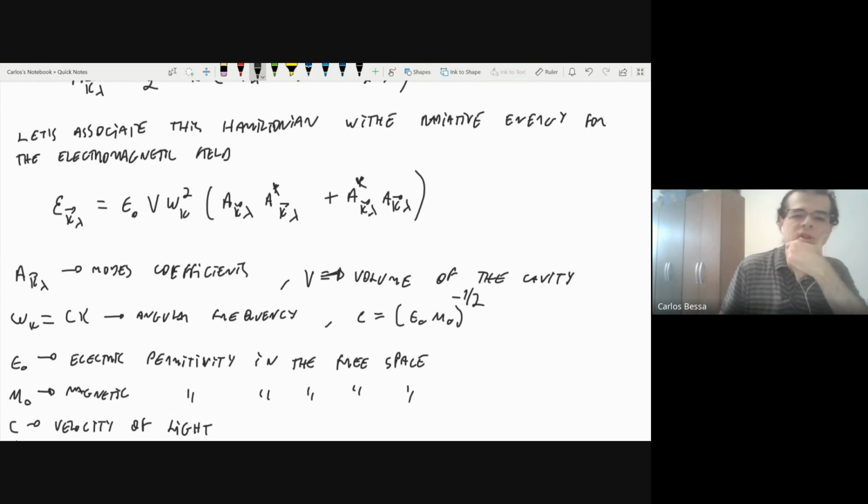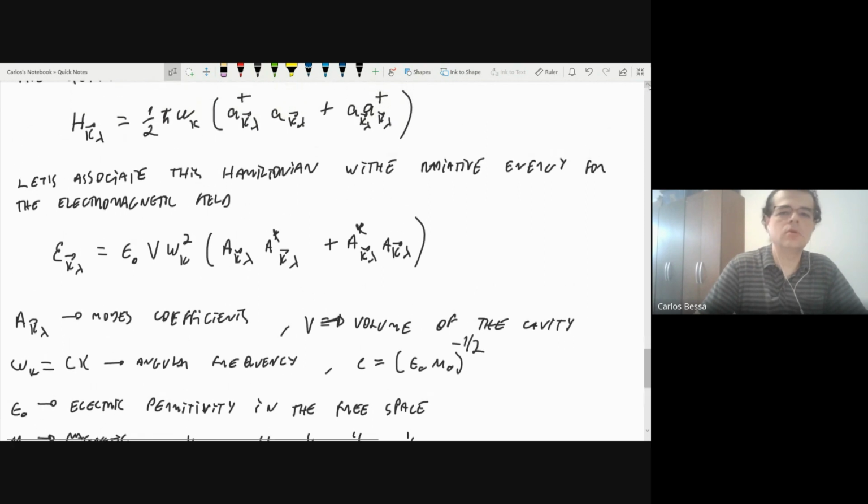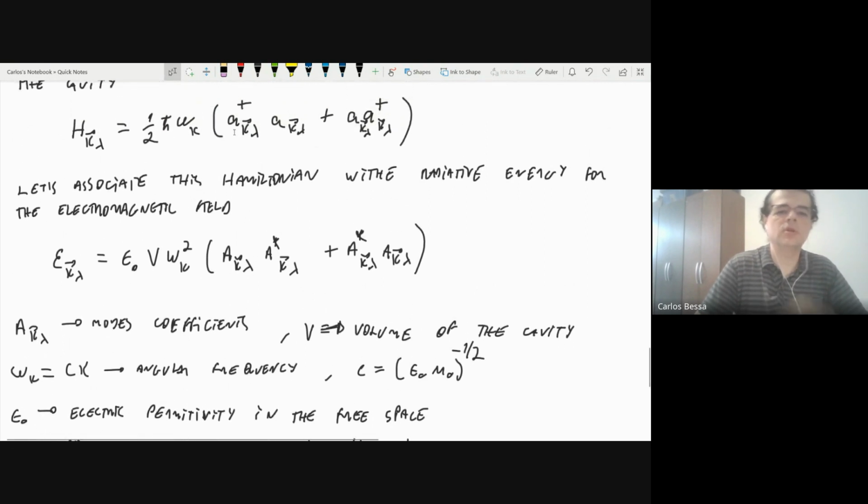Okay, so we could make a comparison of this guy here, remember, this is the energy per mode of the electromagnetic field, could be written this way. And we could compare it with the Hamiltonian that we define for the electromagnetic field, similar to what we had made before for the harmonic oscillator.